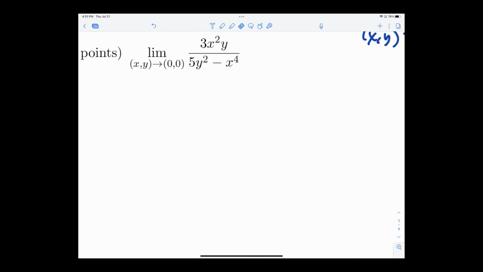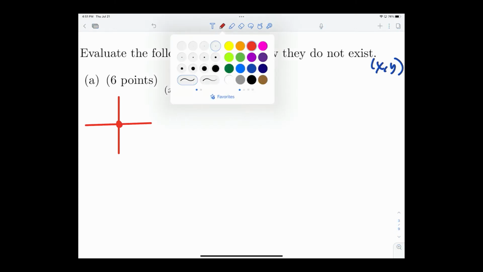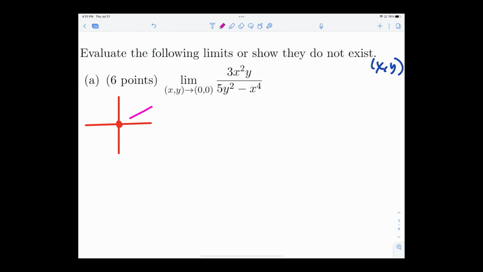Does that mean the limit doesn't exist? No, not necessarily. You would have to try to approach 0, 0 along many different paths. 0, 0 is somewhere right here. So you can try to get to 0, 0 along a straight line or along a different straight line.